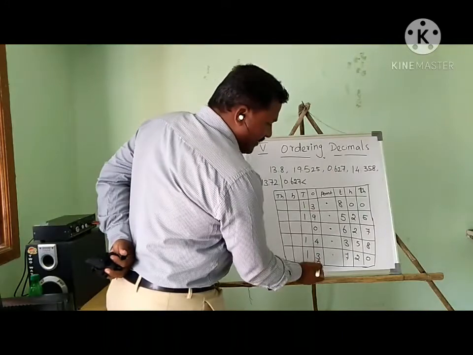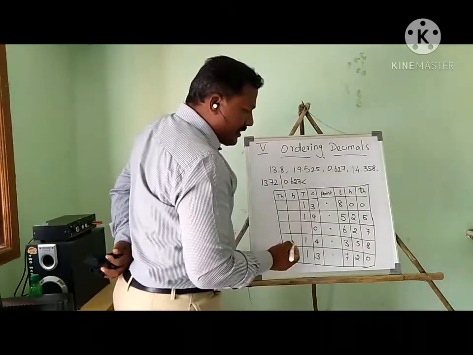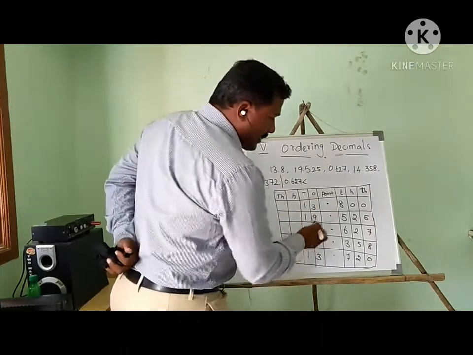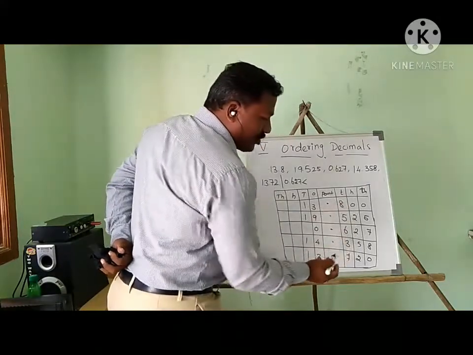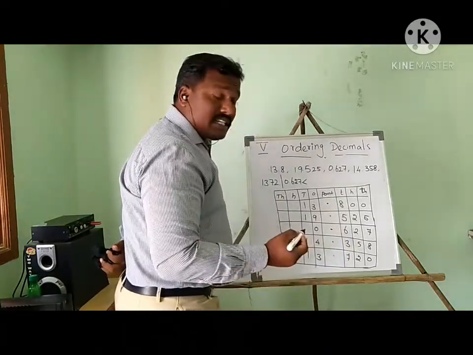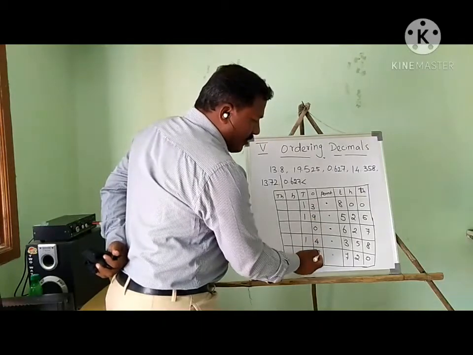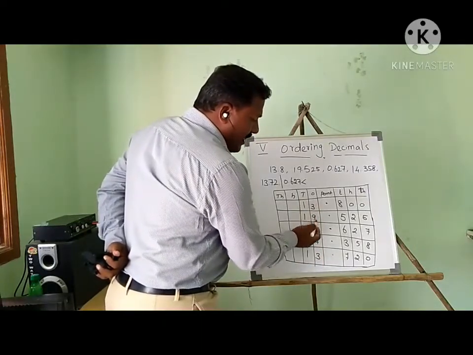Then another number, bigger than this. Here 3 and here 3, both are 3, so which is smaller? Compare them: here 8, here 7. So 7 is the smaller number. Listen carefully. First I check the whole ones place: 3, 9, 0, 4, 3.